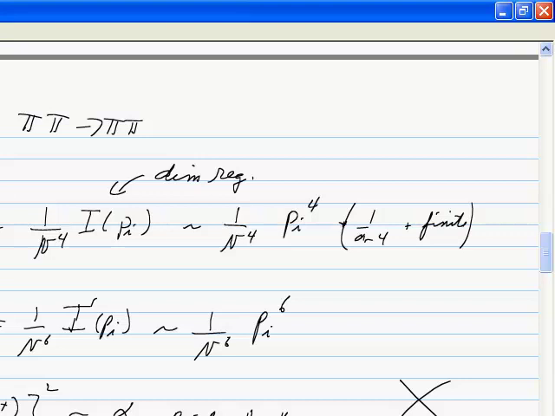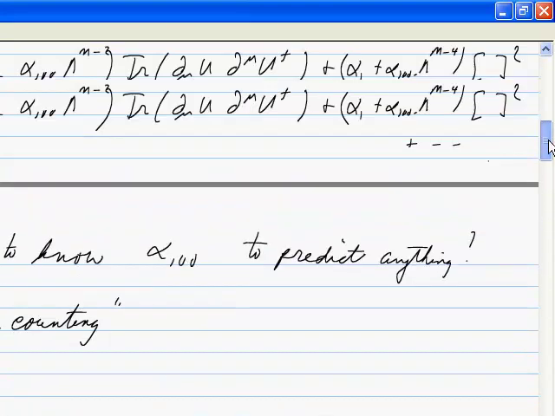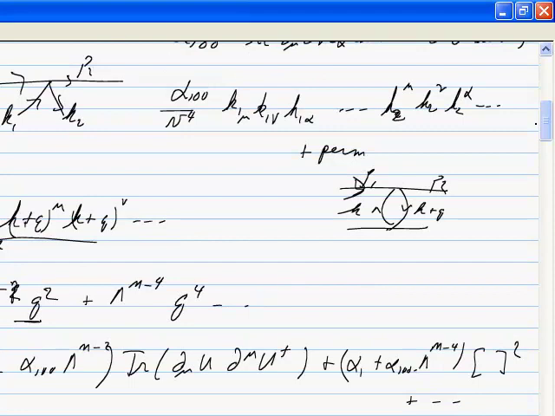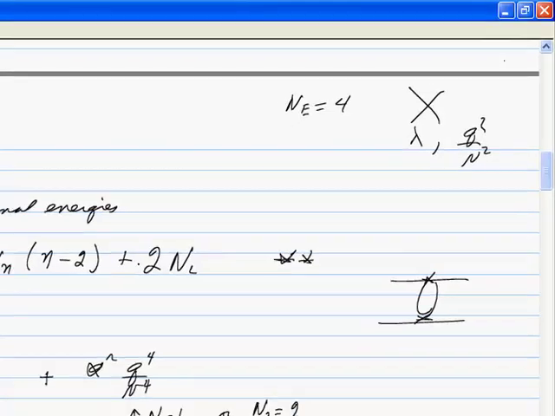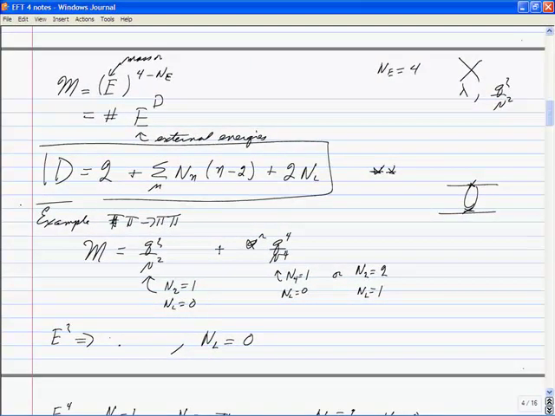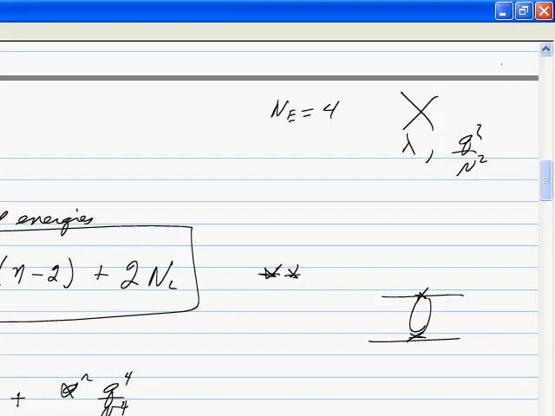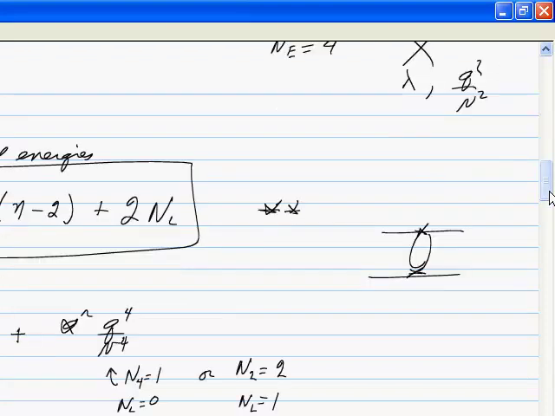So the flaw in my previous argument when I was being devil's advocate was using a cutoff. The cutoff fouls up the power counting. If you use dimensional regularization, there are no dimensional scales there, and you get this expansion where you only need low order ones to make a prediction at a given order.